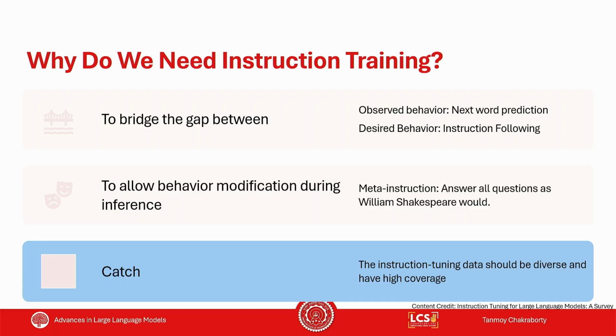What is a meta instruction? For example, write a poem which looks like something written by Rabindranath Tagore, or write a Shakespeare-style novel. Here the objective is not only to produce a novel or a poem, but also to maintain the style. This is called meta instruction.